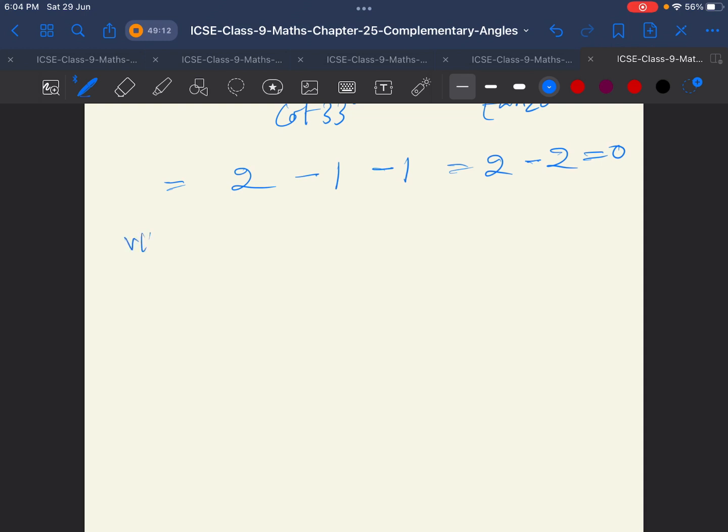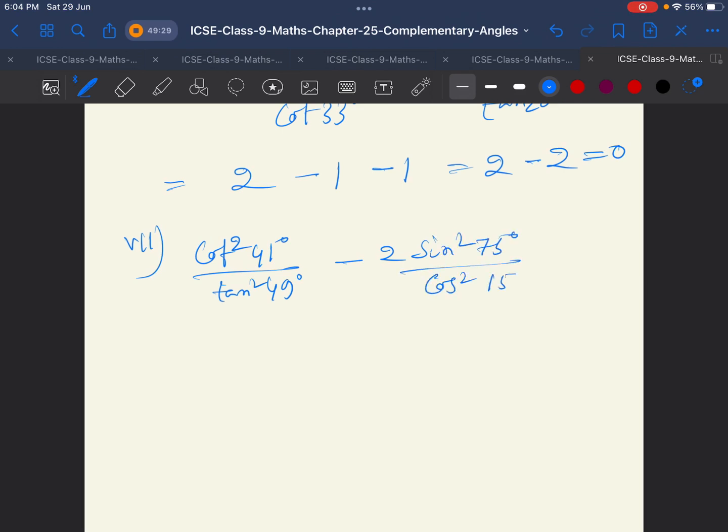Now question number 7: cot square 41 degree by tan square 49 degree minus 2 sin square 75 degree by cos square 15 degree.